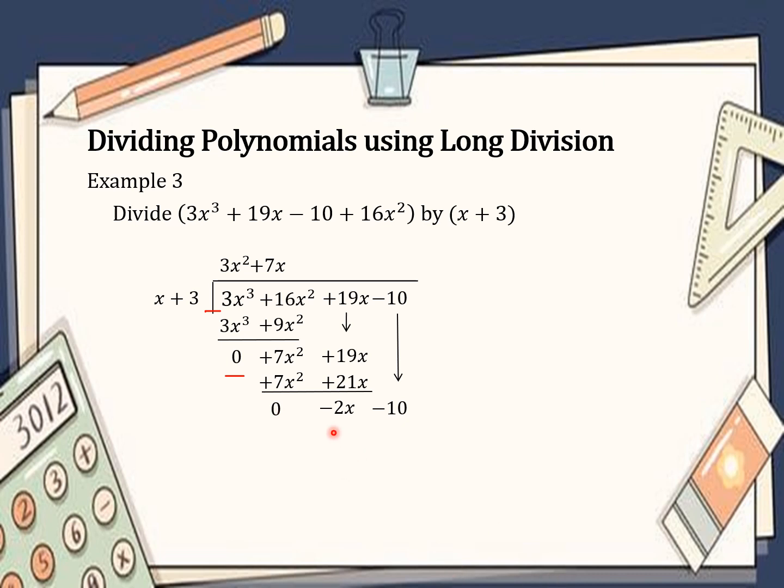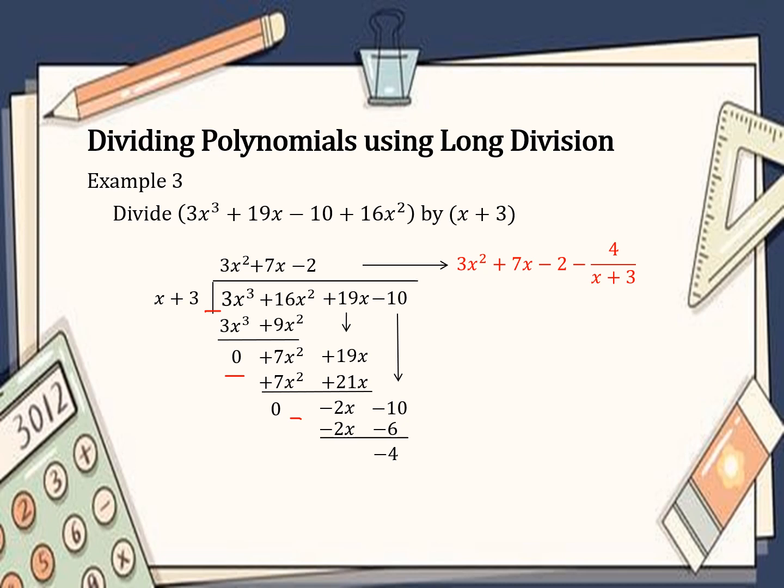The negative 2x divided by x is negative 2. The negative 2 times x is negative 2x. Negative 2 times positive 3 is negative 6. Then by subtraction again, so what we will get is negative 4 as our remainder.